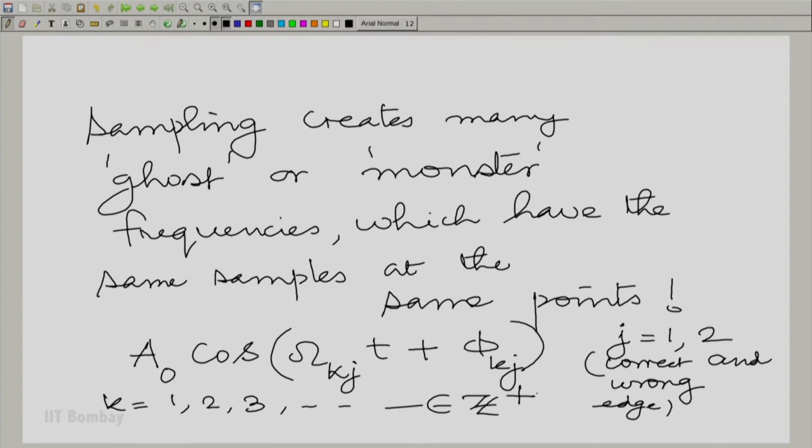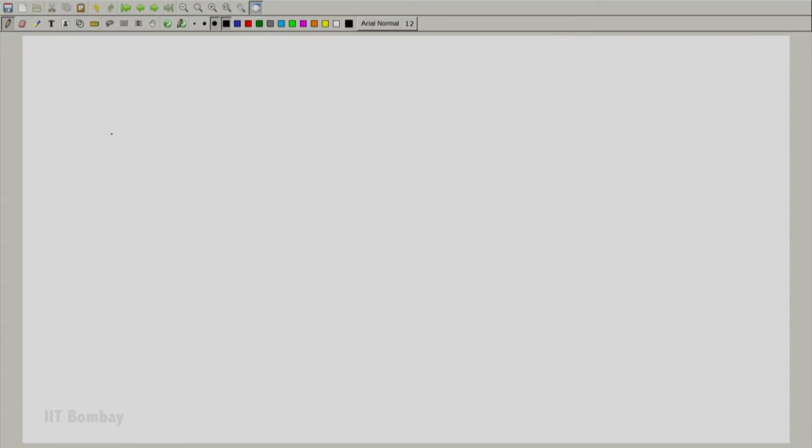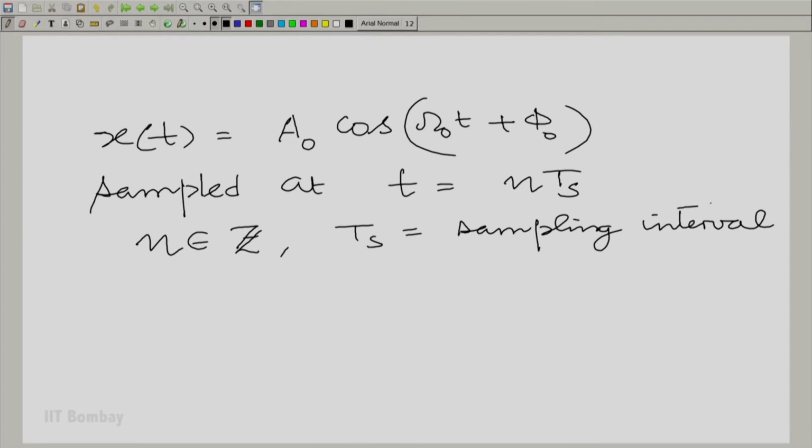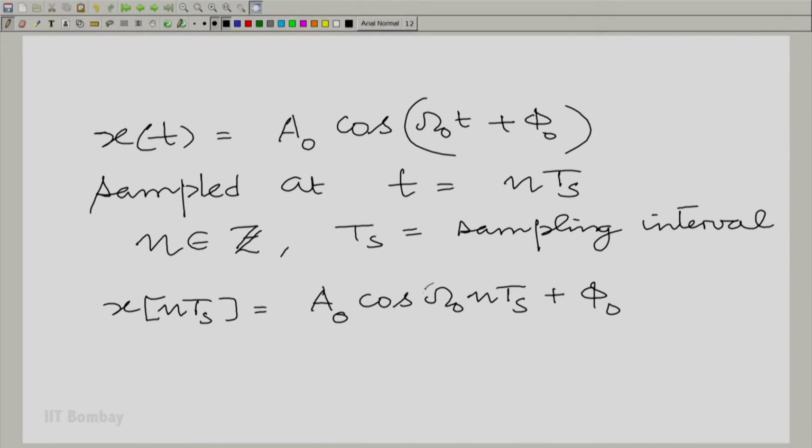So, where will these omega kj's come from? Well, they come from the fact that x of t, which is A naught cos omega naught t plus phi naught, when sampled at t equal to nTs, gives you x, let us use square brackets, nTs, and the non-uniqueness comes from being able to add a phase to this.